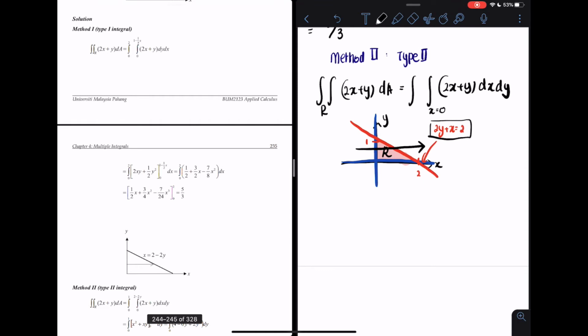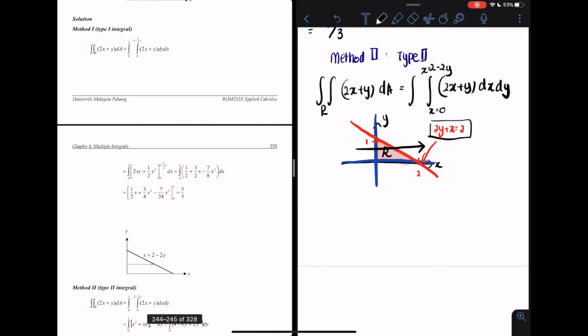But you have to remember, the upper limit also should be written in terms of variable x, which means x should be the subject of your equation. By doing something on the expression given to us, and at the same time making sure x is the subject of your equation, therefore 2 minus 2y should be the upper limit with respect to variable x.